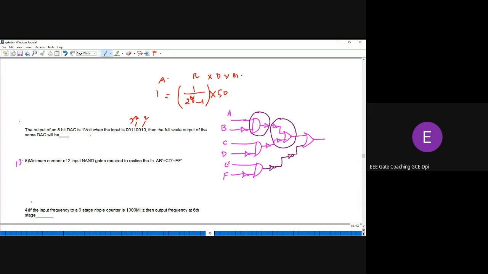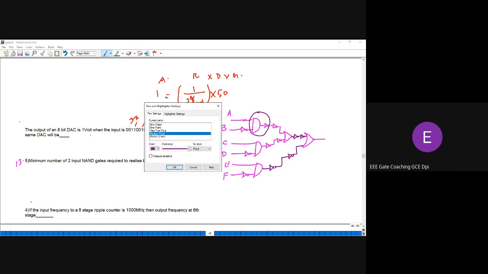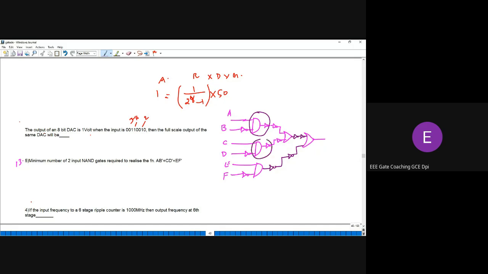I draw like this. Then tell me how many NAND gates are required. 1, 2, 3, and then 4.